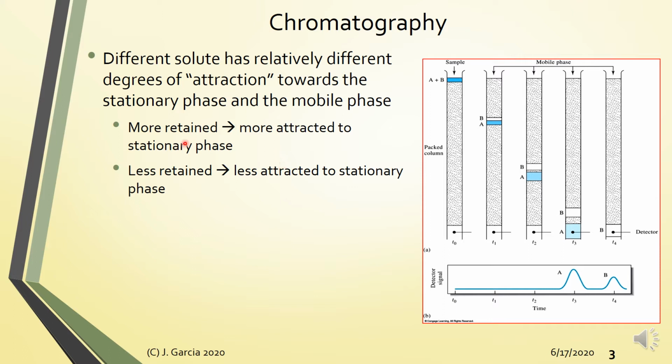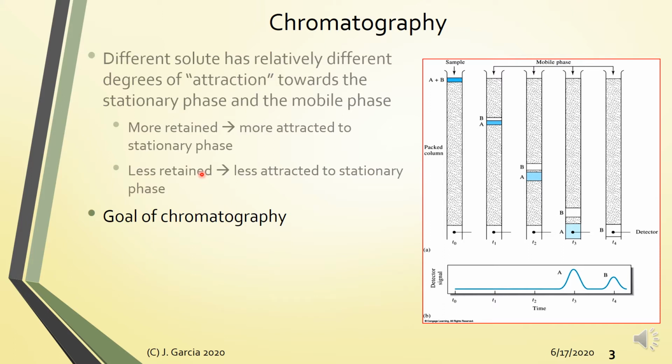So these differences in retention properties, or migration rates, cause the separation of the individual components of a given mixture.